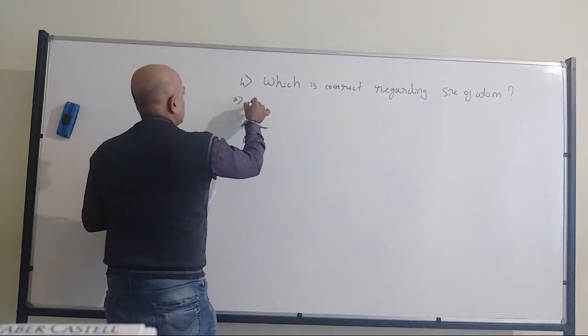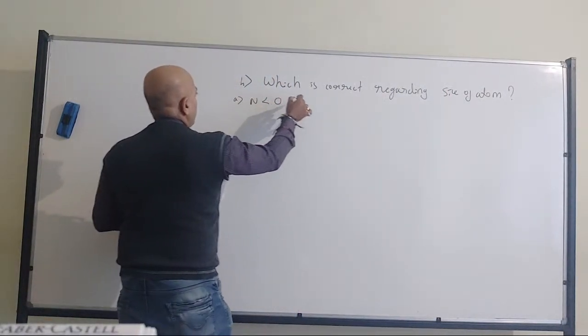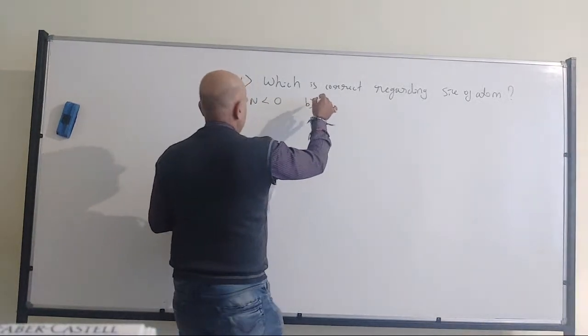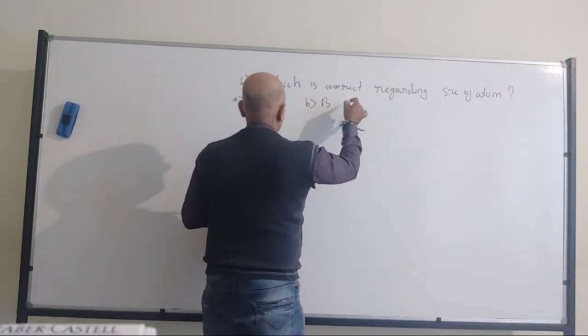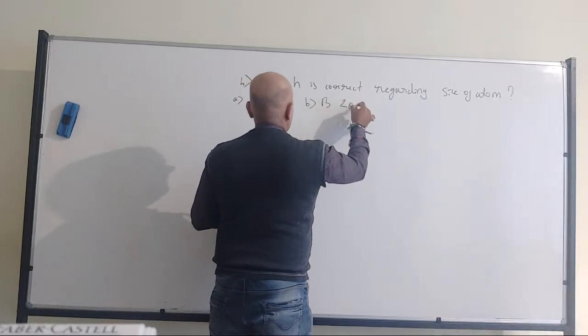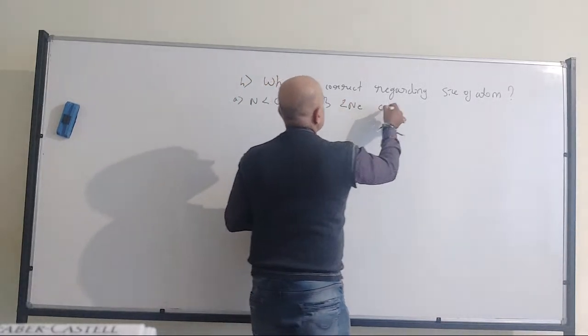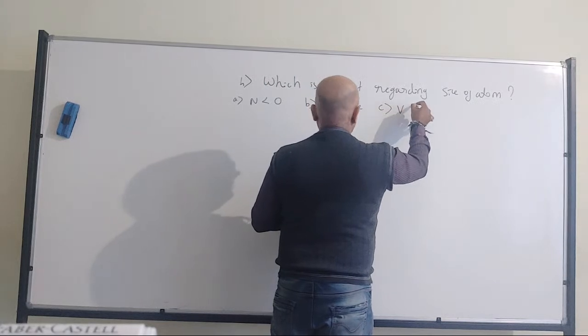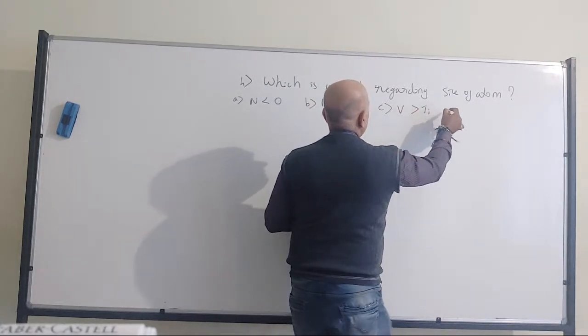Option A, nitrogen less than oxygen. Option B, boron less than neon. Option C, vanadium greater than titanium.